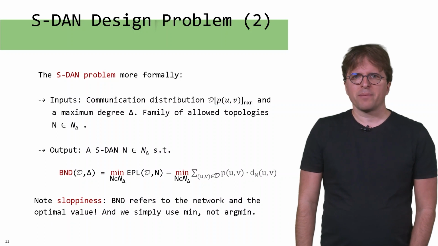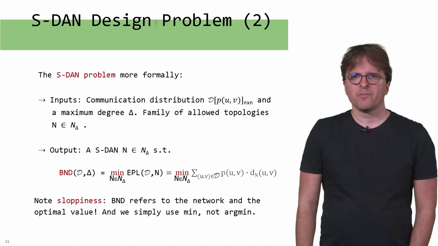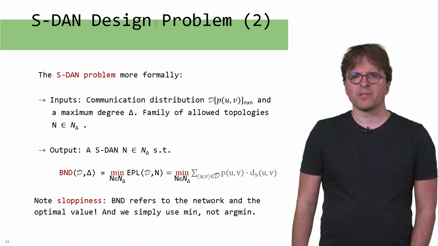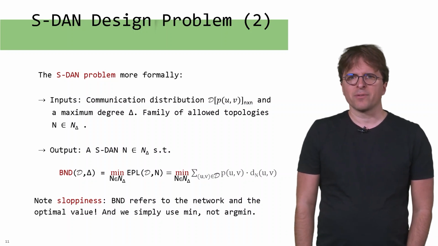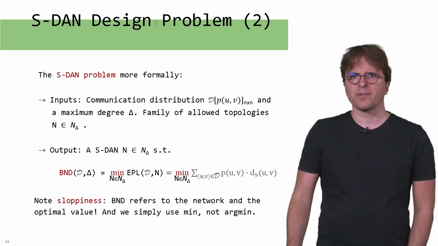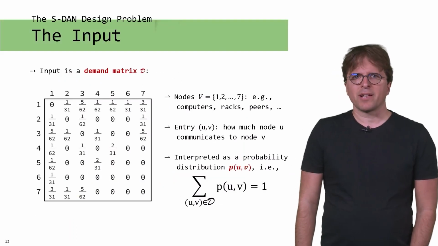And we'll be a little bit sloppy here. Basically, with BND, the bounded network design problem, we refer both to the network and also to the optimal value that we can achieve in this context. Here we use minimum, but actually you could also think of it like argmin if you want to get the actual network. So let's look at an example.